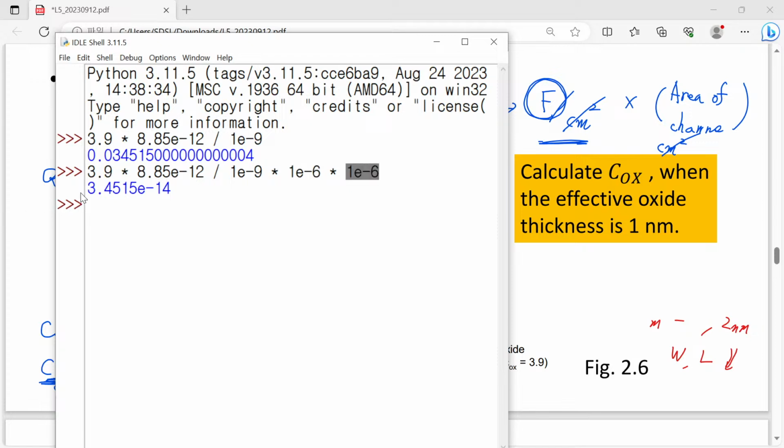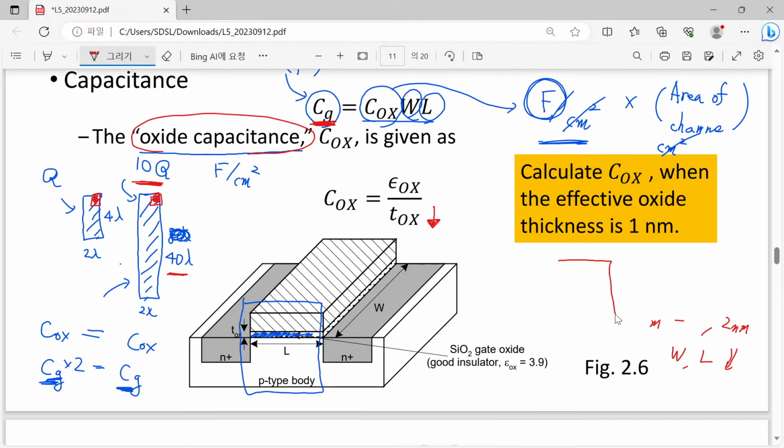Simply speaking, if our channel has 1 micrometer width and 1 micrometer length, do you think that nowadays this is large or small? This is a really humongously large device.